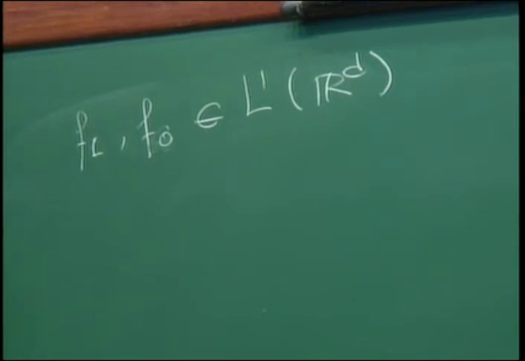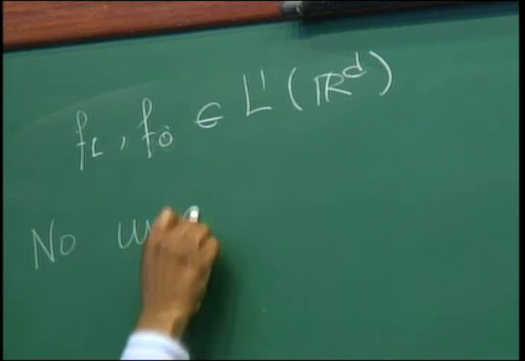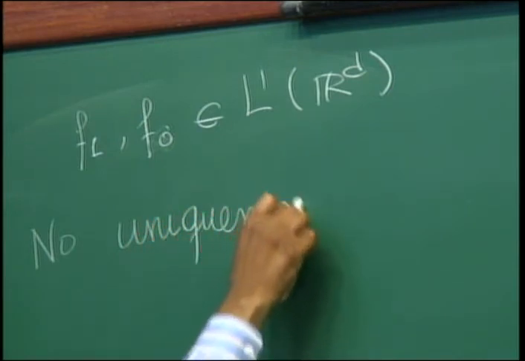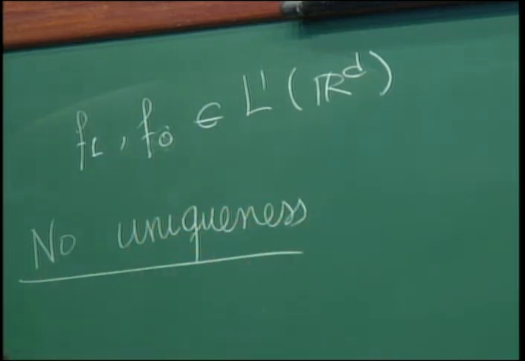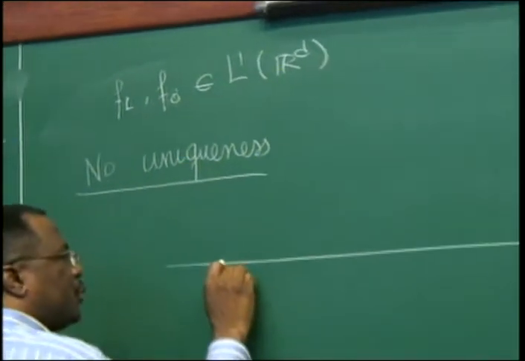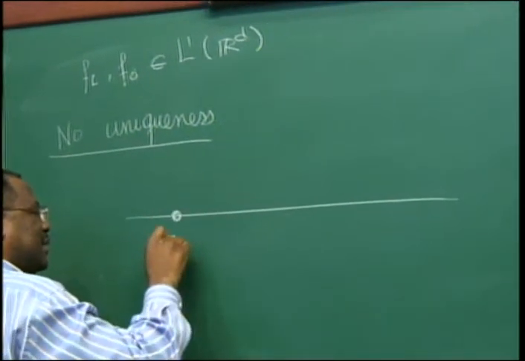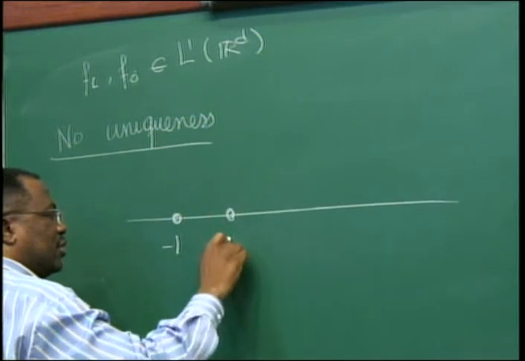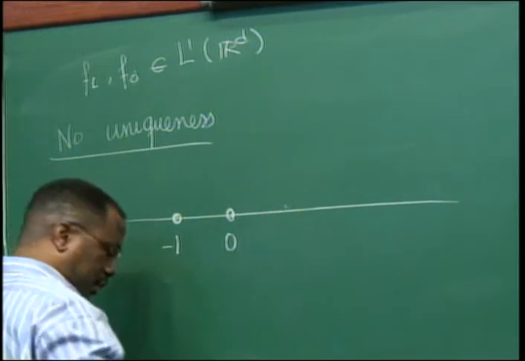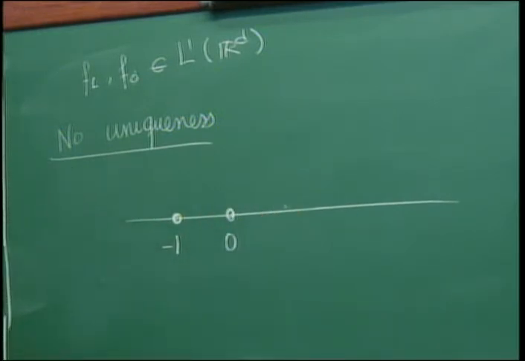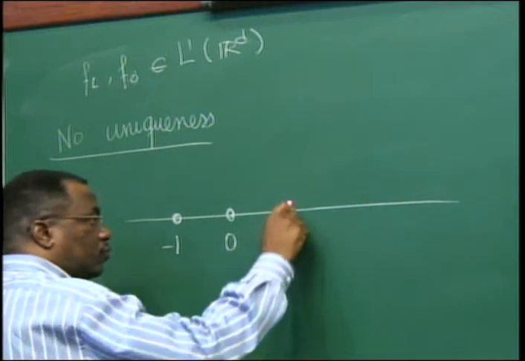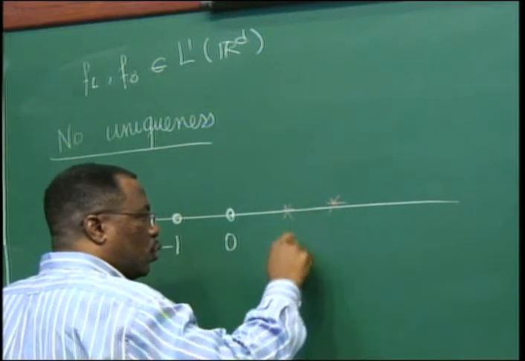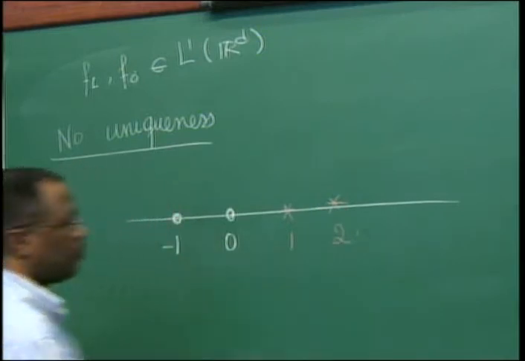So let me comment on uniqueness. There is no uniqueness to be expected. Indeed, consider the following situation. I have -1, 0, 1, and 2.